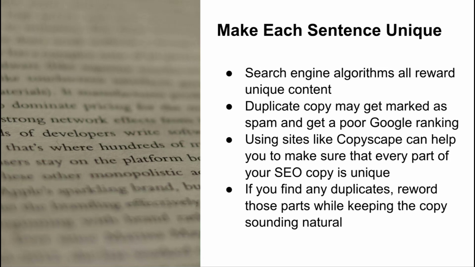It's free to use, there's a free trial, and it can help you make sure that every part of your SEO copy is unique. If you find that there are duplicates, consider rewording parts of that copy and also use natural sounding content and copy because, again, you are writing with a human audience in mind.